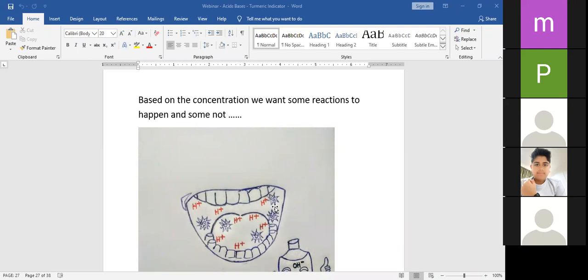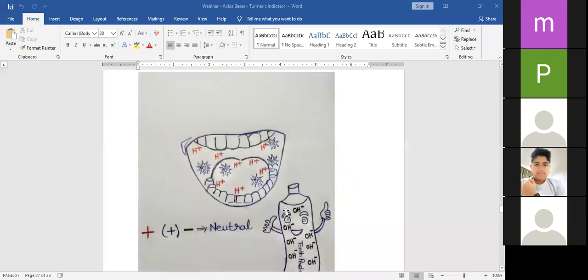We don't want that acid to react in the mouth. Now, how do we stop it? What do you think? What could be the solution? Yeah, you can use a paste that is basic in nature. So look at this. Plus and minus together, it gives nothing. It gives neutral. So that's what I meant. If it's acidic, it's H plus.